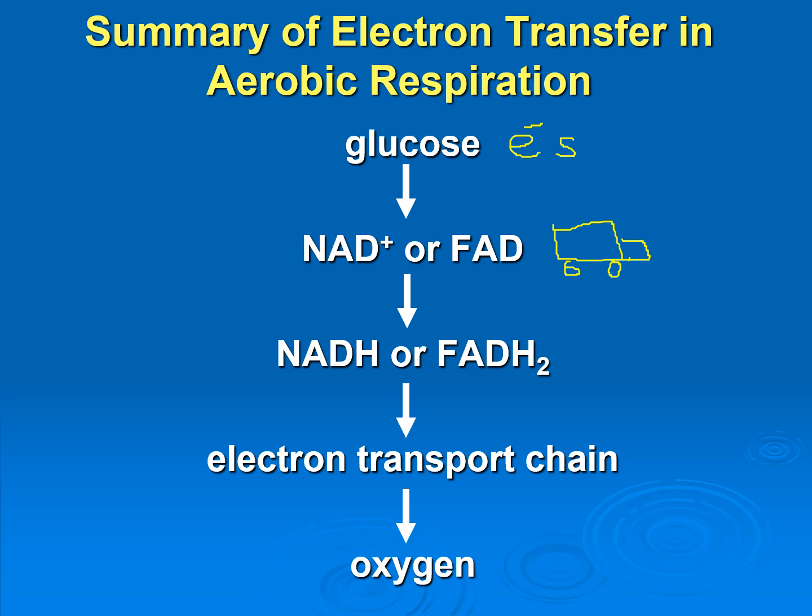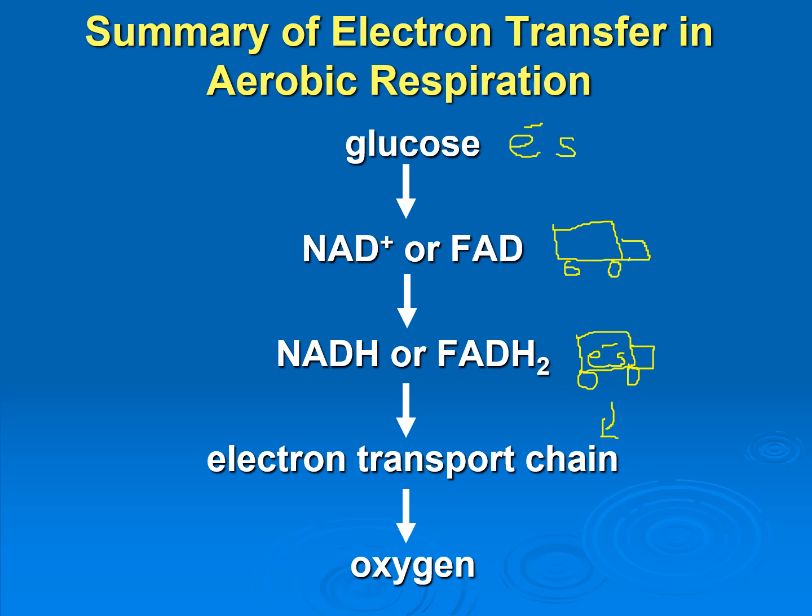And then once they're full of electrons, they'll become either NADH or FADH2. So those are the electron carriers when they're full. And then they're just going to dump those electrons off at the electron transport chain.